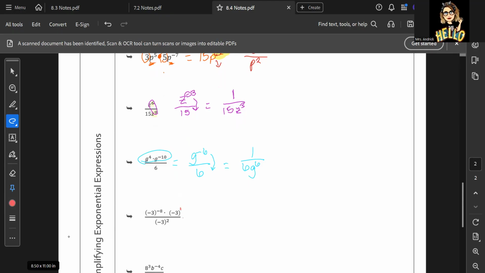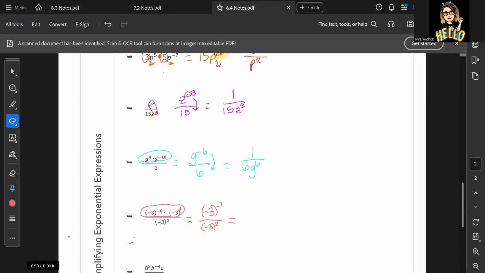Next one, they're all the same base, so I give it a 1. I simplify across first. Negative 8 plus 1 is negative 7. We have the same base, but now we're dividing. So when we divide, we really subtract.